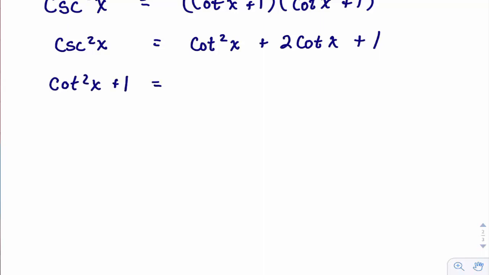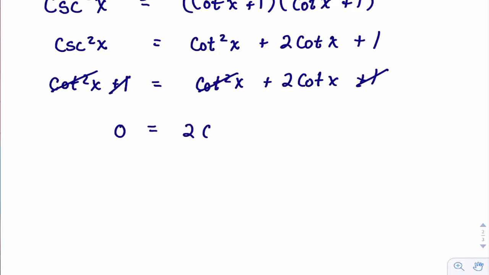Cotangent squared x, don't forget that. And you'll see this really simplifies quite nice because the cotangent squares are going to cancel and the 1's are going to cancel. So you're going to get 0 equals 2 cotangent x, and if you divide both sides by 2, you get 0 equals cotangent x. So this really simplified quite nice, actually.